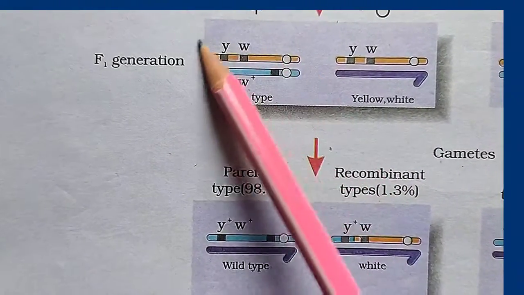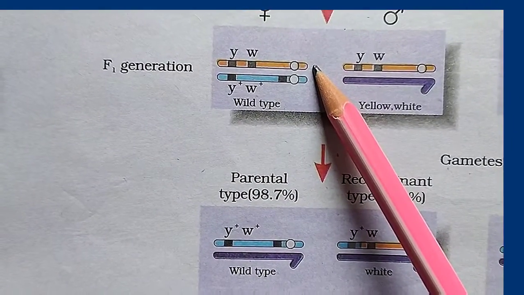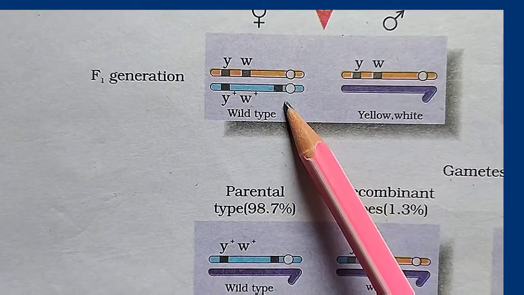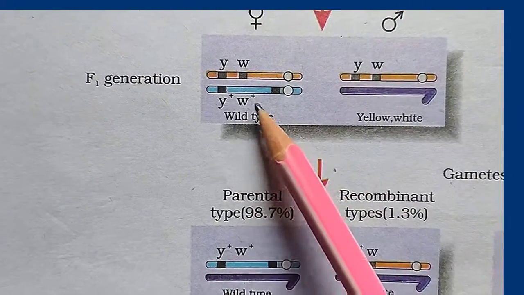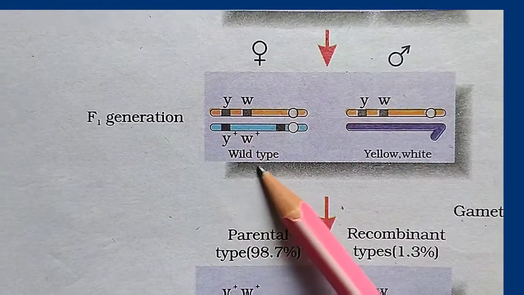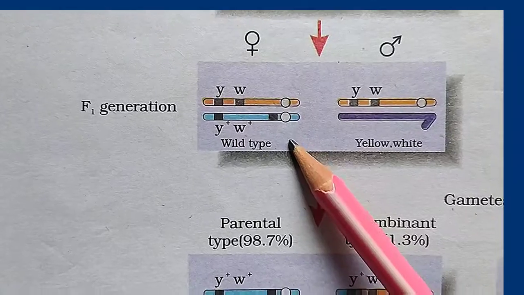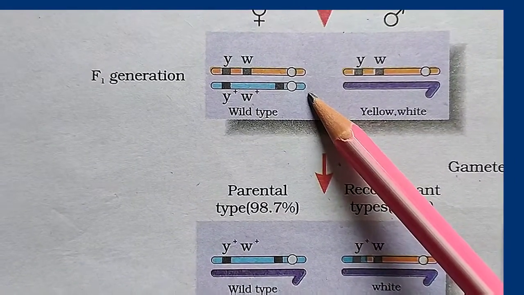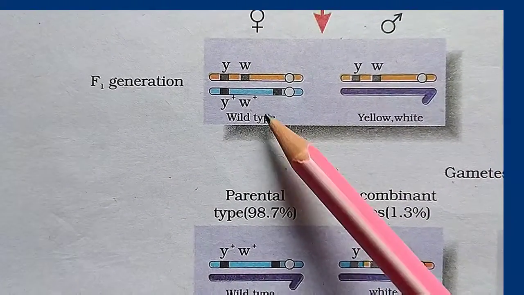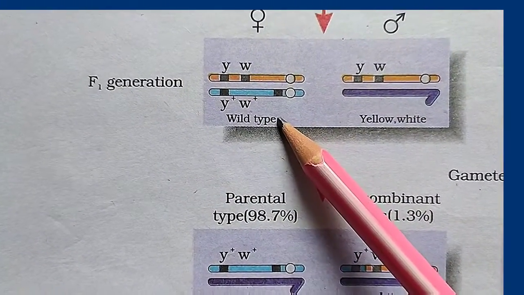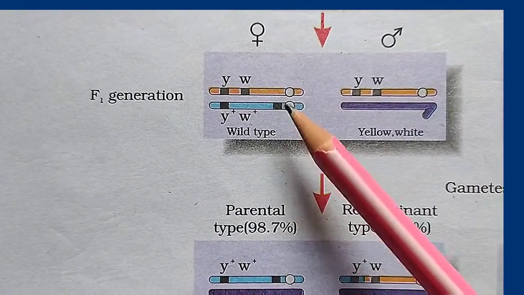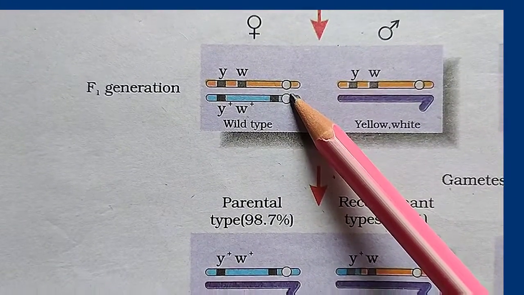If there is no crossing over, this X chromosome which carries y and w genes and this X chromosome which carries y plus and w plus genes are not in crossing over, then 50% of the female gametes will carry y plus w plus genes, and the other 50% of female gametes will carry y w genes.